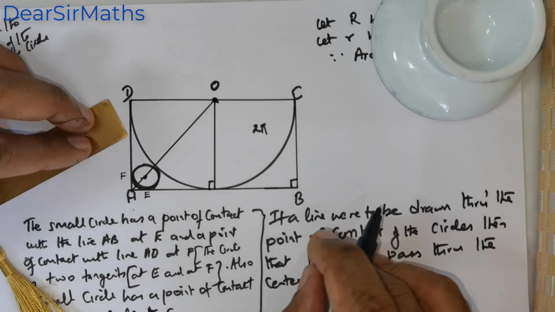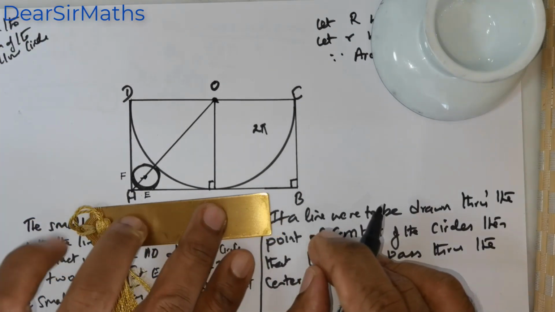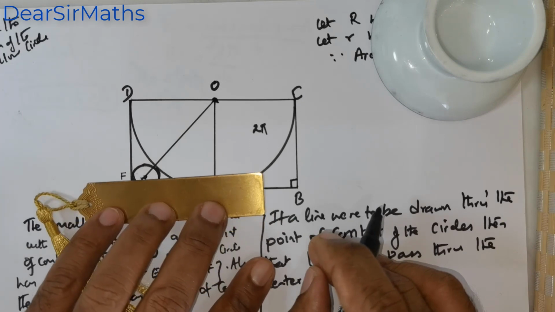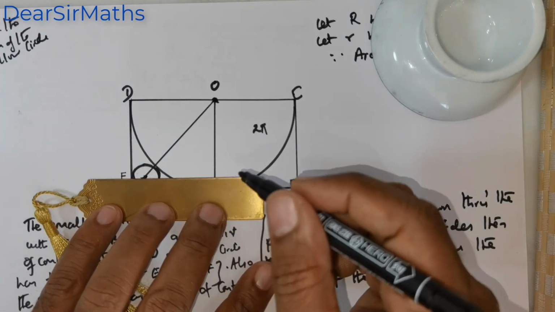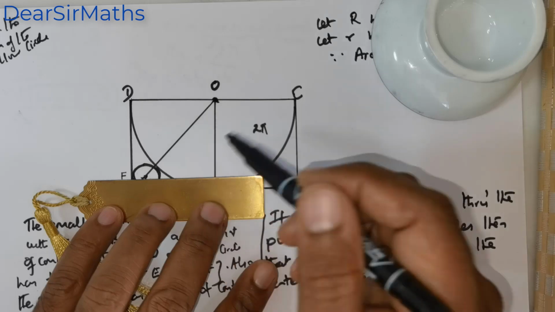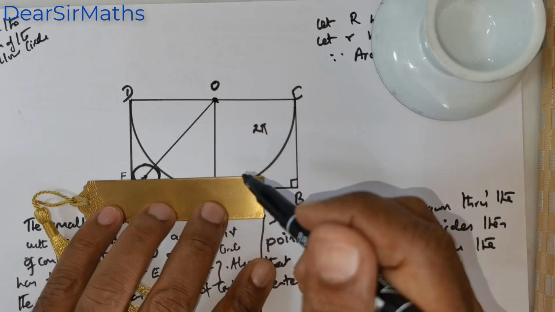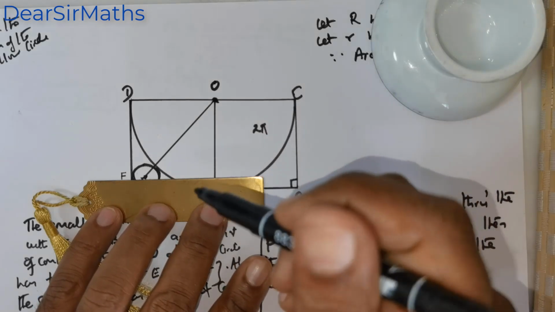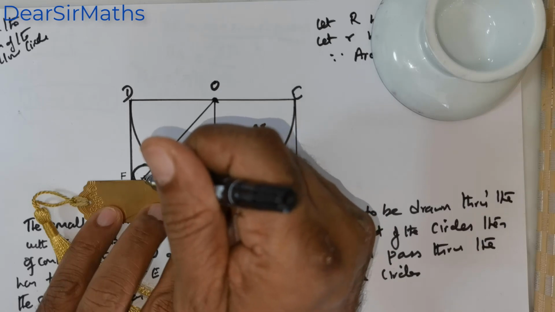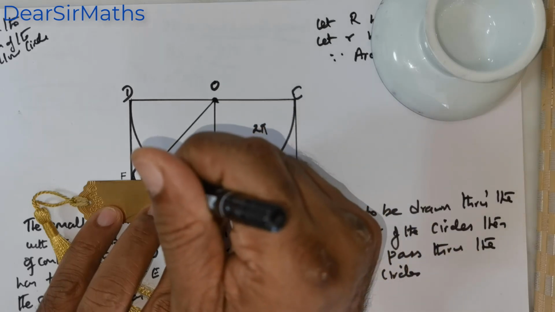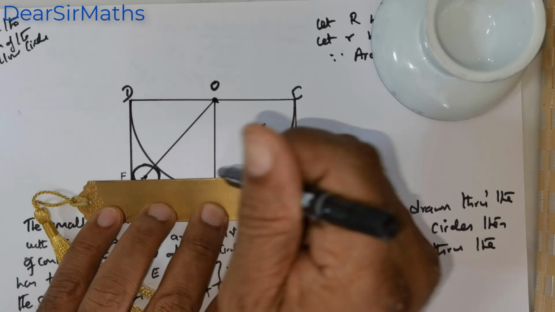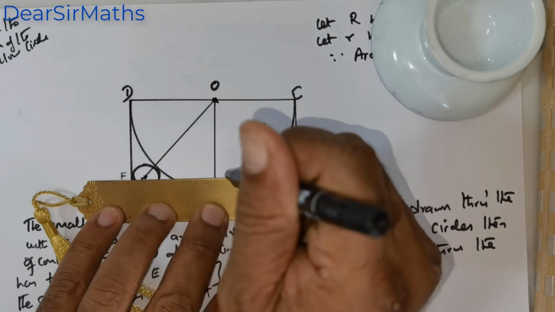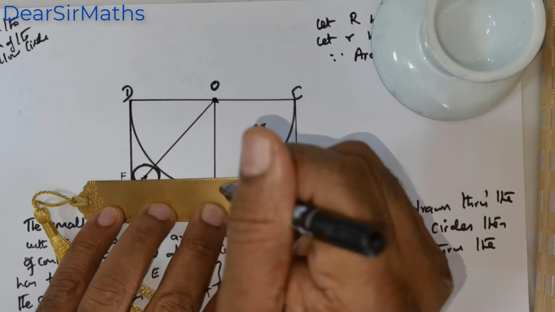Now I would like to draw a line from the center of the small circle to this perpendicular, right? That's a perpendicular line.